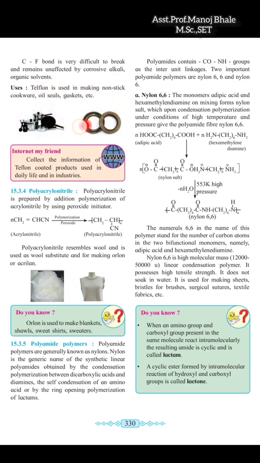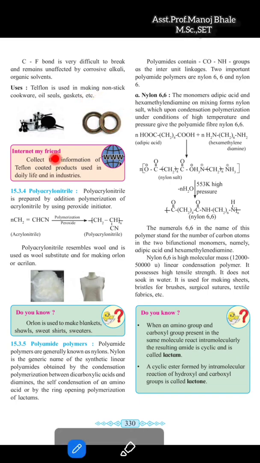I think all of you know non-stick cookware, which is a very well known Teflon example. It is also used for oil seals and gaskets. Why? Because it is non-sticky in nature and corrosion free. There is no effect of alkali or organic solvents. So that's why we use it for oil sealing.